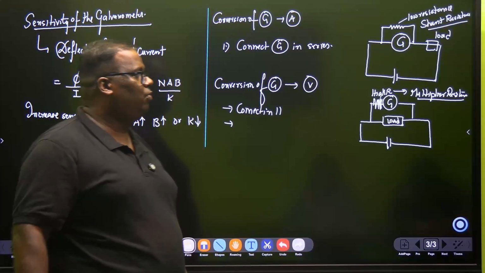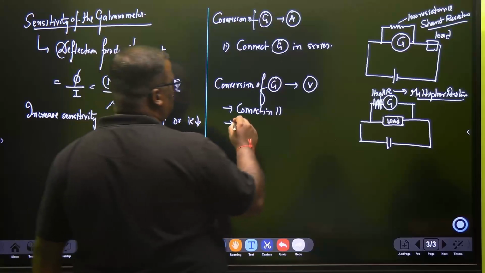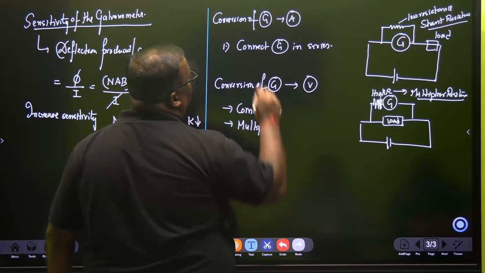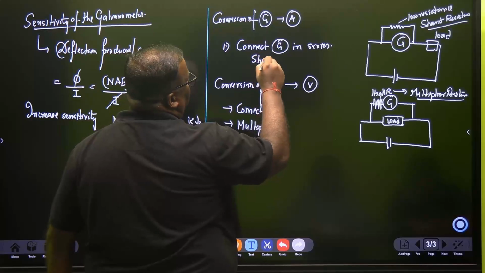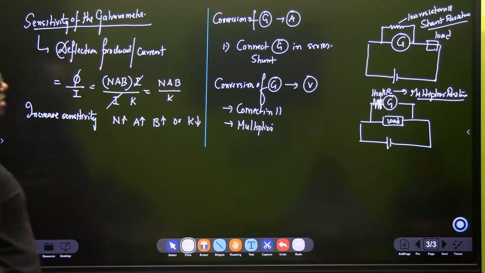And here you are putting a multiplier. Shunt is in parallel, multiplier is in series.